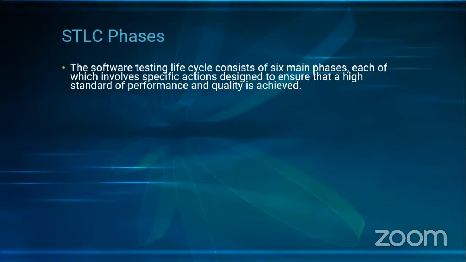The software testing life cycle contains 6 main phases, each of which involves specific actions designed to ensure that a high standard of performance and quality is achieved. These are the phases that we're going to talk about, and I'm going to break them down.